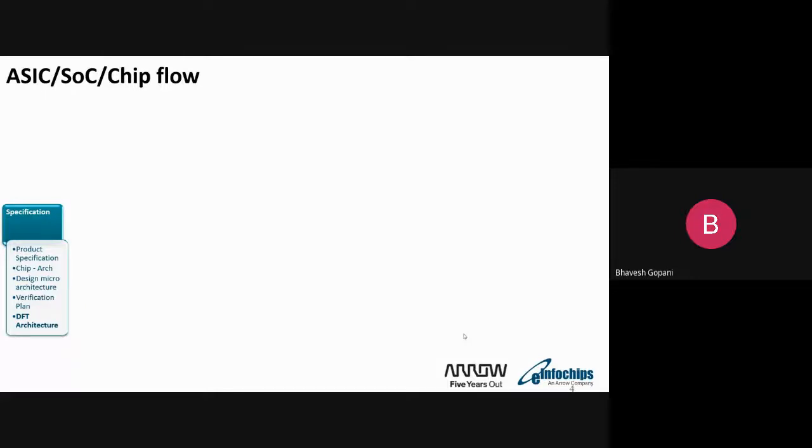Before why and what DFT, let me start with the ASIC design flow and where DFT comes into the picture. Most of the people might be aware of how the flow goes.